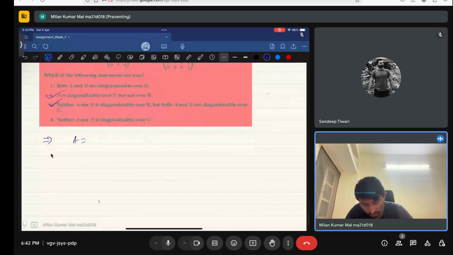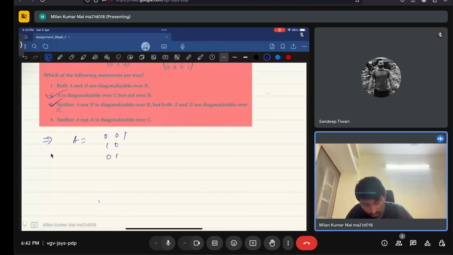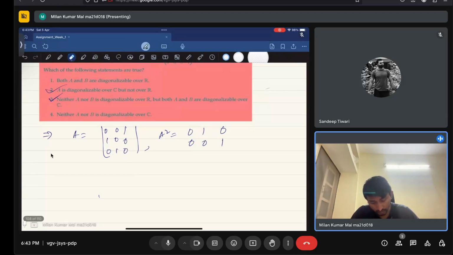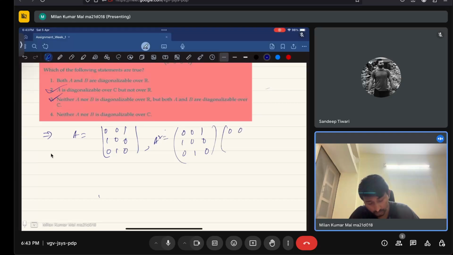A is equal to 0 0 1, 1 0 0, 0 1 0. I think this is the matrix. So A square will be, let me write it clearly as I am doing: 0 0 1, 1 0 0, 0 1 0 multiplied by itself, which gives 0 1 0, 0 0 1, 1 0 0.